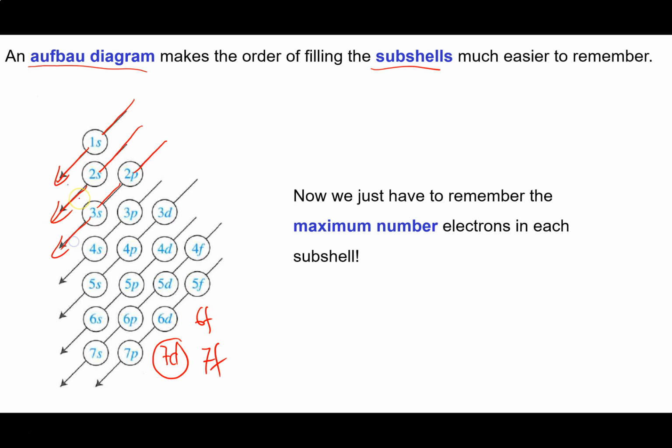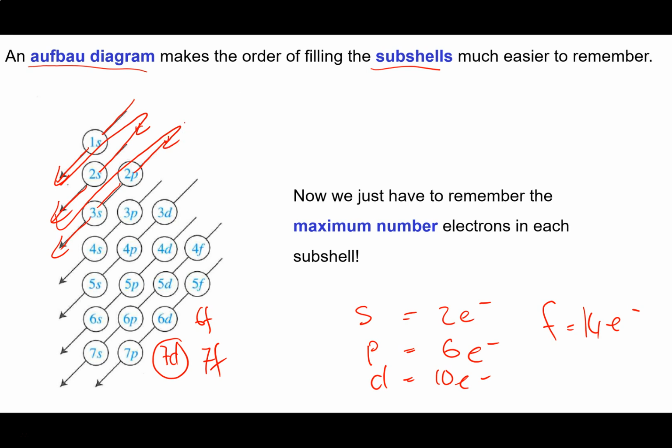And we keep in mind that in an s subshell, we put 2 electrons. In a p subshell, we put 6 electrons. In a d, we put 10 electrons. And in an f, we put 14 electrons. And then we just work along the arrows. When we get to the end of an arrow, we go back to the next one.